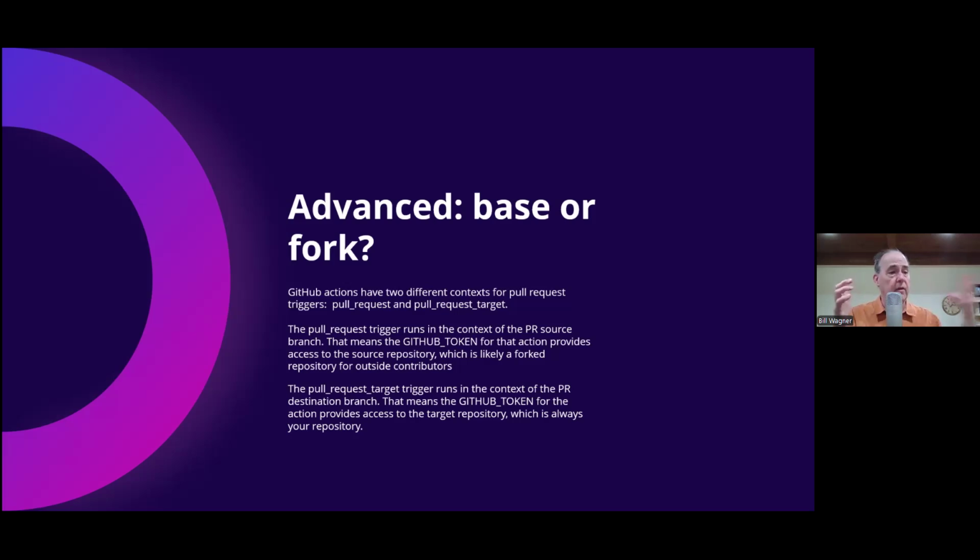Now, what that means is any exploit he's created over here now gets merged in and is running in our environment. So that means any write access or any further access that it gets is in the context of the base. So that is noticeably more dangerous. Now, GitHub created the pull request target one because there are a few select things that need it. But unless you absolutely really, really need it, don't use it.